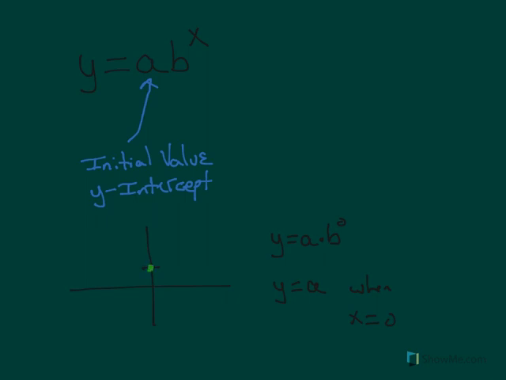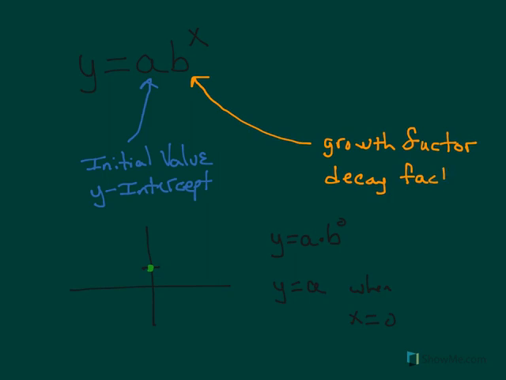So that's going to be your a value, and then the b is going to be your growth factor, or your decay factor. So that's what's going to be multiplied against the initial a value each time.